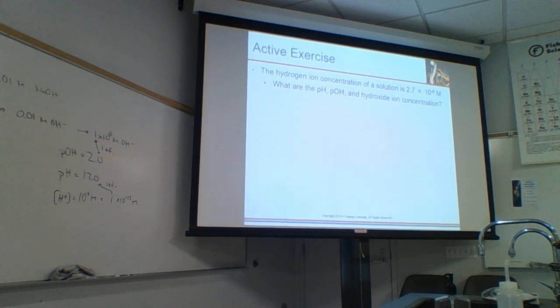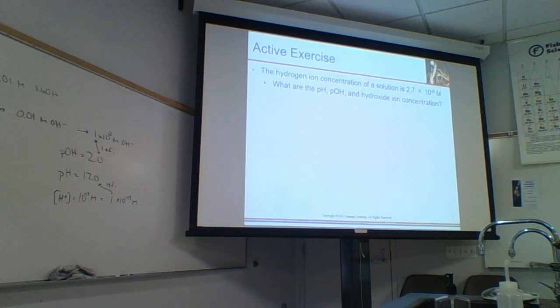So let's do it here. We can't just take the power because the hydrogen ion concentration, H plus, in this example, is equal to 2.7 times 10 to the minus 6 molar. We can't just take the power because the coefficient is not 1.